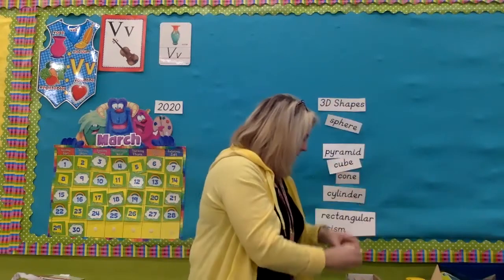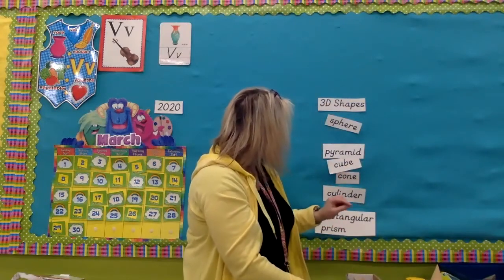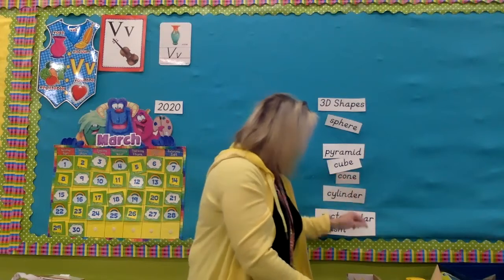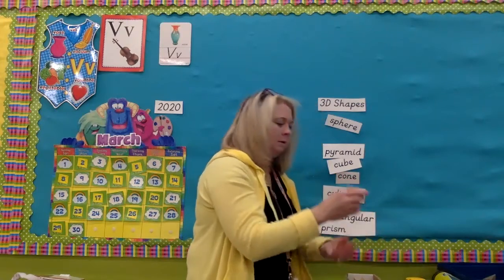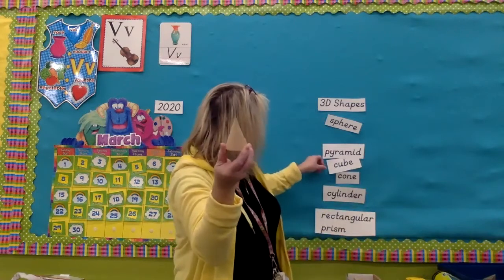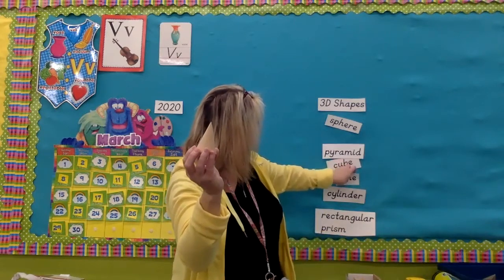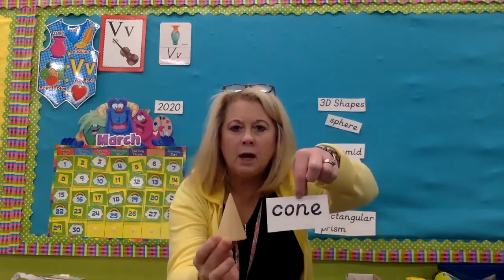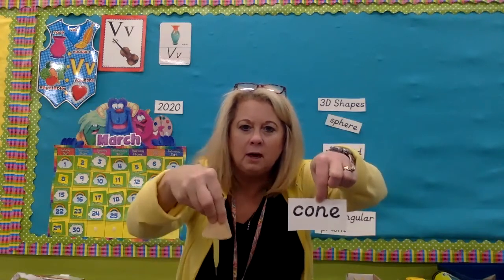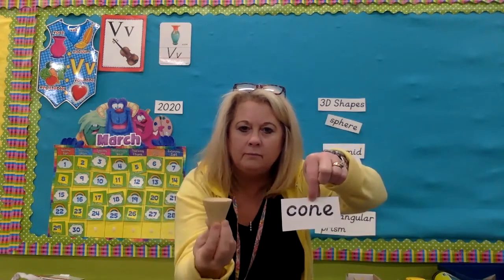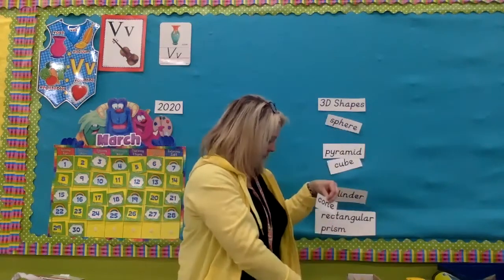All right, now let's see what we've got left. Oh, here's one. You're gonna know this one. It's called a cone. It looks like an ice cream cone. You can lick your ice cream. It's called a cone. See the bottom? A cone.